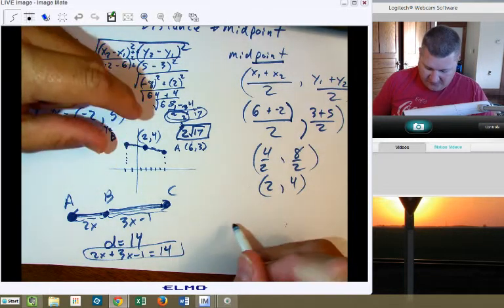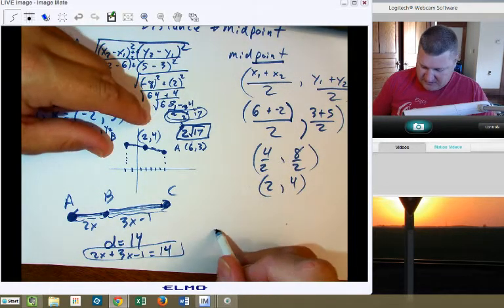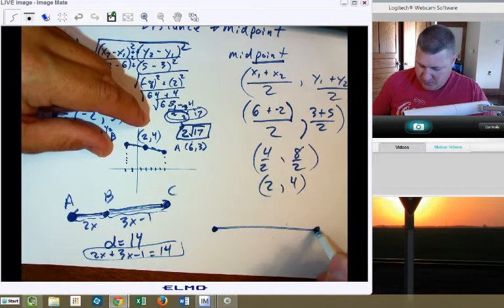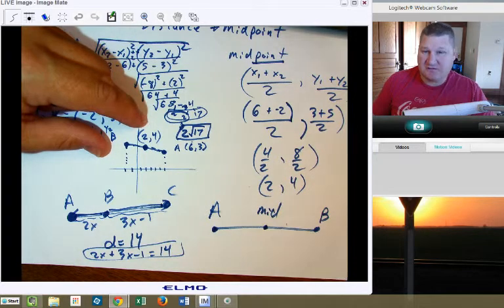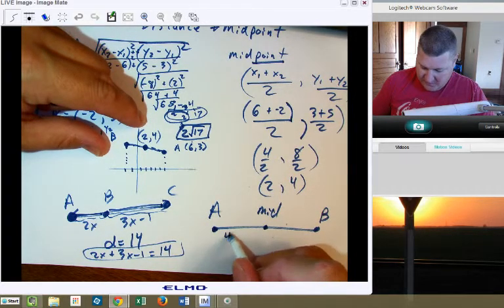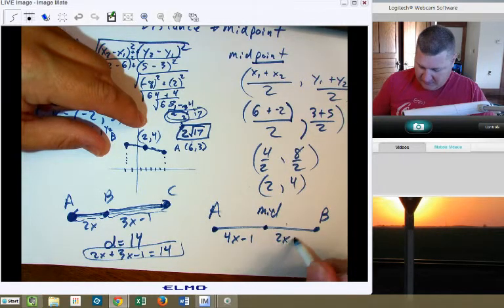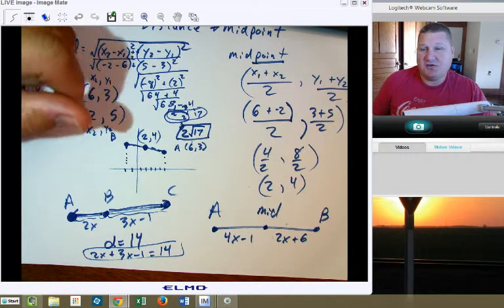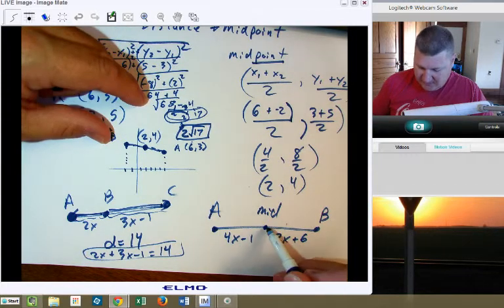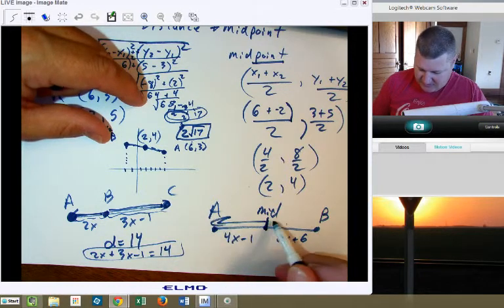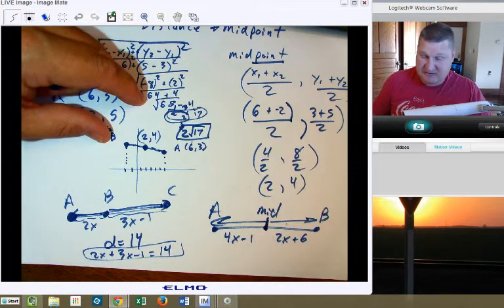Additionally, if we go over here and we say from A to B, and this happens to be a midpoint, and it says 4x minus 1, and it says 2x plus 6, you can use the concept of midpoint to find the missing x by saying, well, if it's a midpoint, it's in the middle, which means this distance must equal this distance.